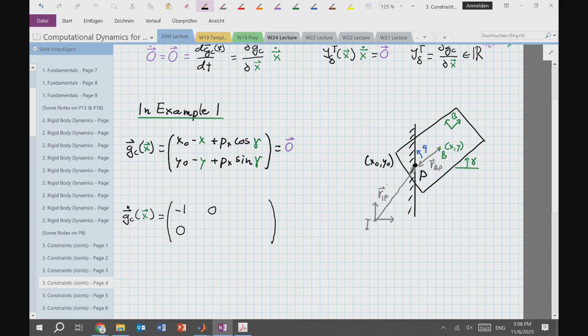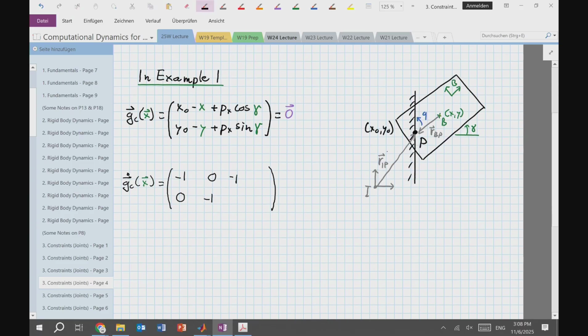I get 0, -1 if I take the derivative against y. And then I have to take the derivative against gamma, which will give me a minus px sine of gamma and a plus px cosine of gamma. And then that matrix gets multiplied with our velocities in the x space, so x dot, y dot, gamma dot.